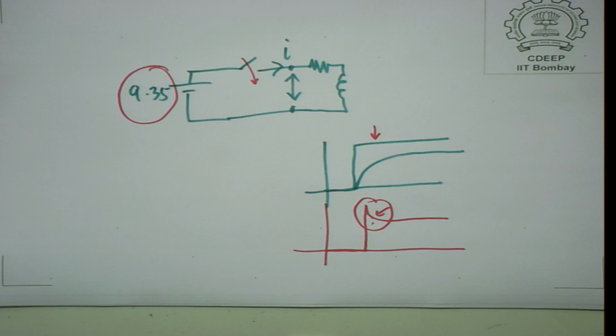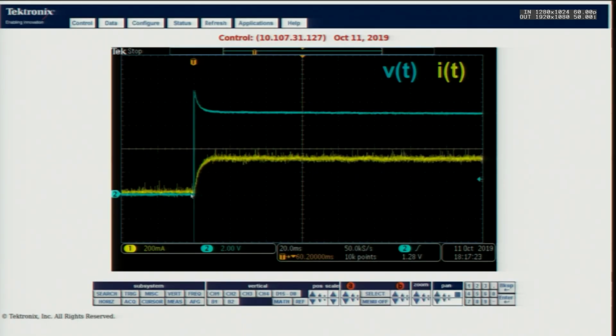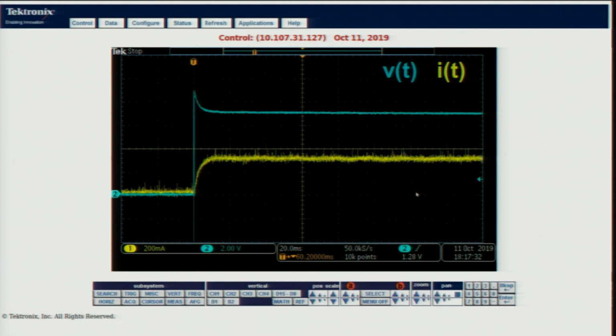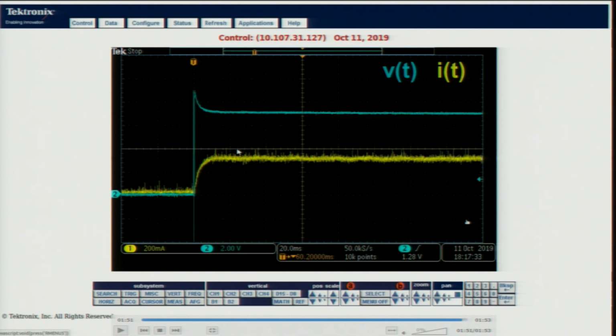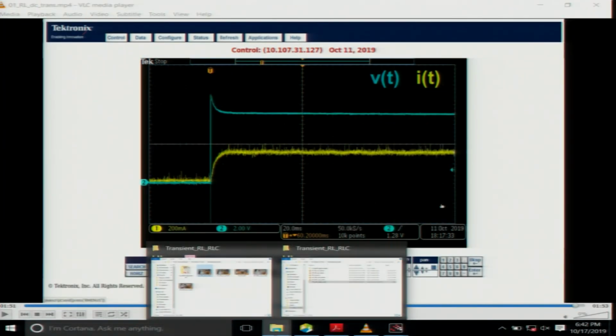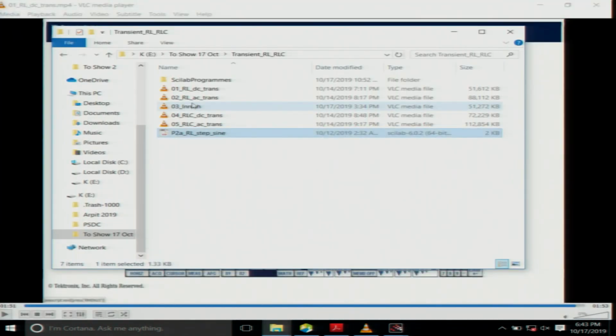The current which you can expect in steady state is 9.35 divided by 30 ohm. That loads the battery very significantly, and the voltage drops down. So, this is one interesting outcome of this experiment, where the voltage of the battery slightly dips when the current increases.